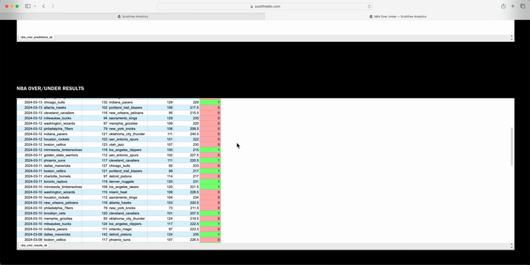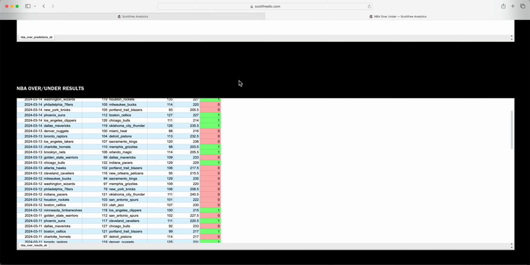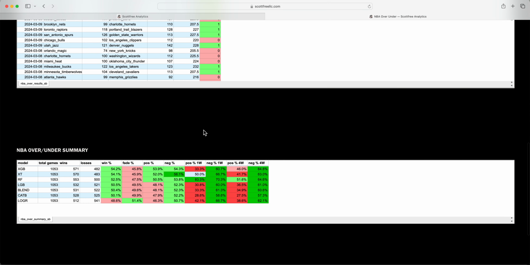And you can look at the color coding, and sometimes you can actually detect patterns from observing the over-under results. Finally, you have our summary. And the summary is pretty much the most important thing you need to look at in terms of how the models are doing. So we'll go through each of these fields, but let's start right from the top, okay?